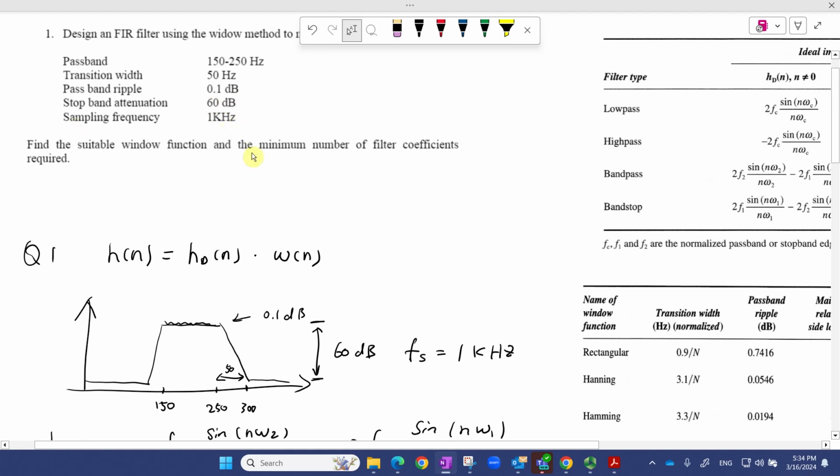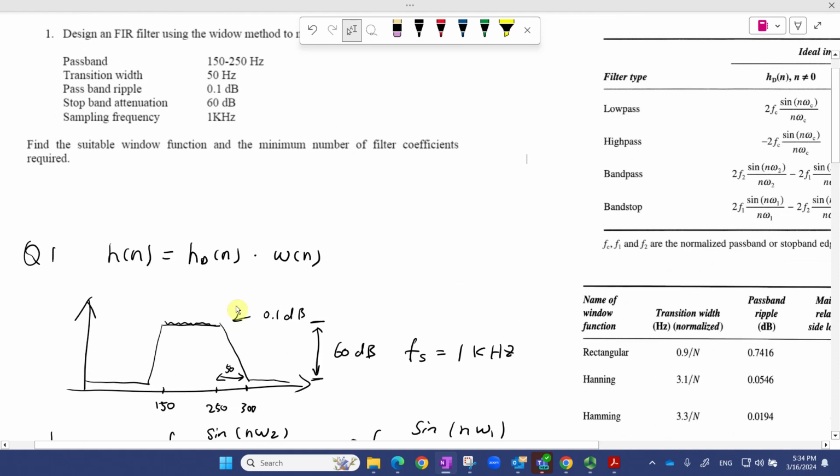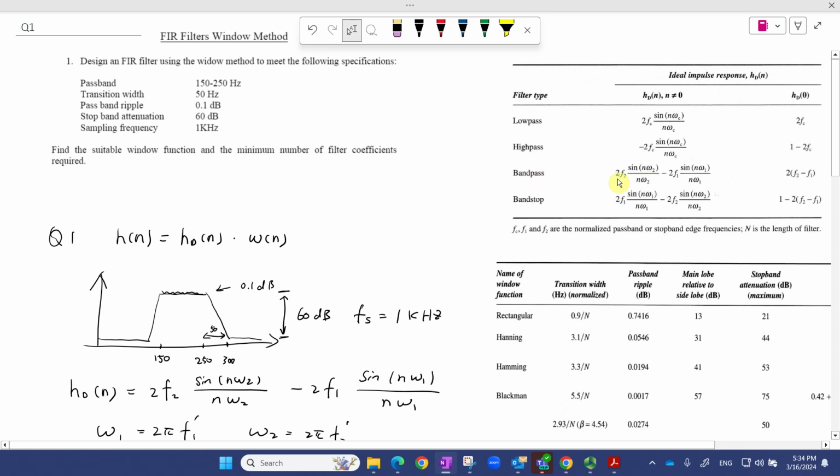Again, we use the equation h[n] equals h_d[n], which is from table 1, times w[n] from table 2. First, let's look at h_d[n]. If we draw this one, we know there's a band pass band, so this is a band pass filter. Then we choose this equation and copy it down here.